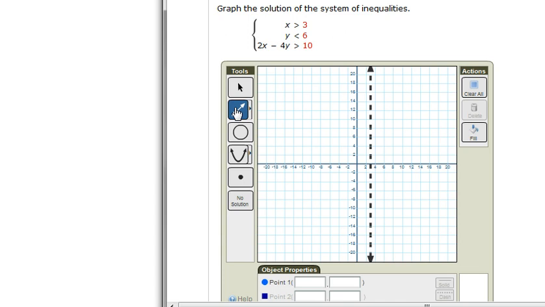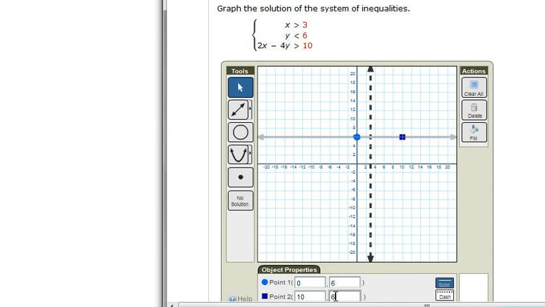Now we're also going to look at y less than 6. And so in this case, I'm going to do 0, 6, and 10, 6.